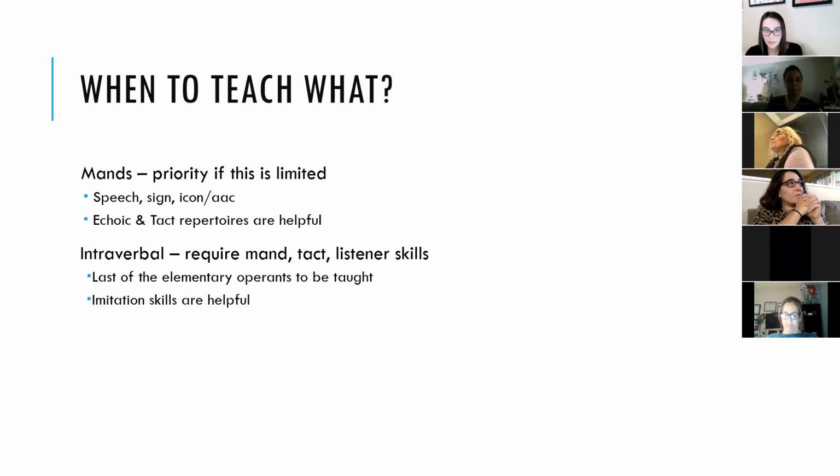And the goal with the VB-MAPP is to help equalize the levels and make sure that they're developing and progressing at the same rate across all of the verbal operants, rather than just being really, really strong in one verbal operant. So manding is a priority, but it's still recommended to work on echoics and tacting alongside manding, because it does make it a lot easier.